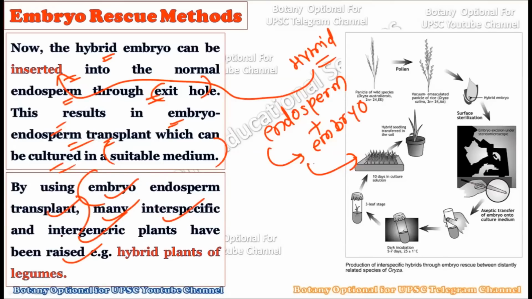An example of such plants grown out of the endosperm embryo transplant is the hybrid plants of legumes. Please remember the example; it can justify your answer in the UPSC mains. So this is the whole technique in which we can rescue the embryo and create a whole new plant by using the endosperm from another seed.